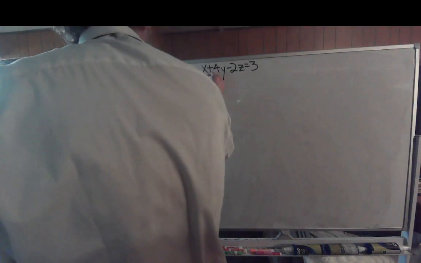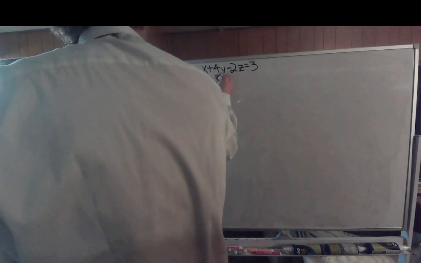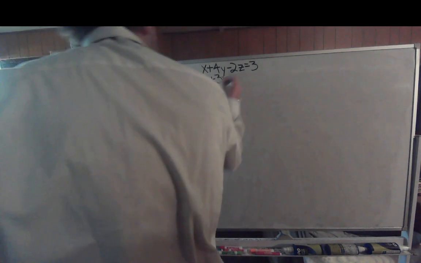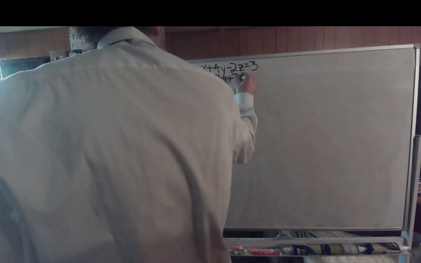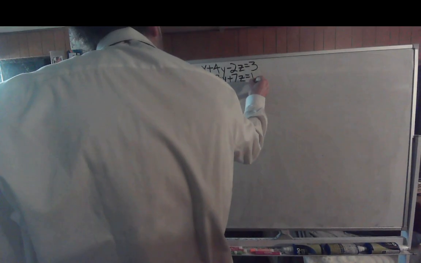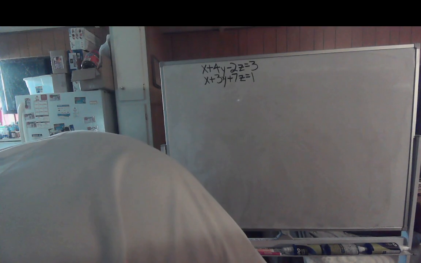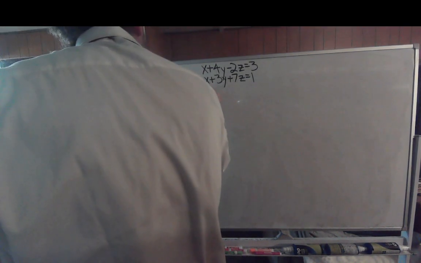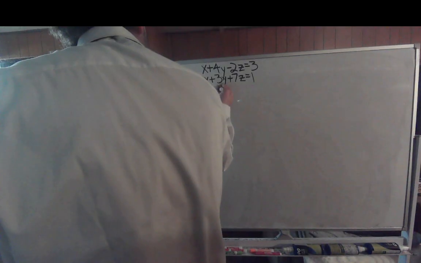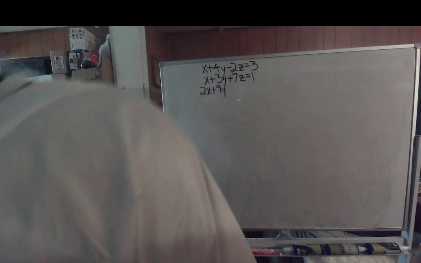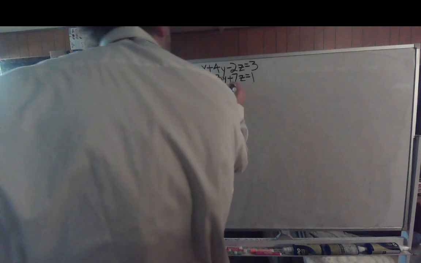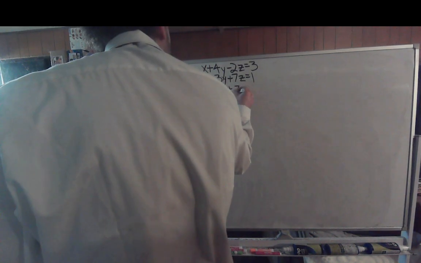We have x plus 3y plus 7z equals 1. Then we have 2x plus 9y plus z equals 8.